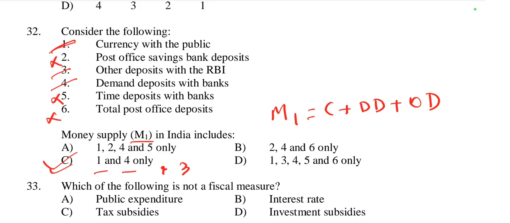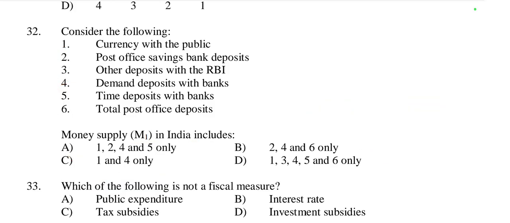The other options are broader concepts, meaning M2, M3, M4. Only option C can be included in M1, so we take option C as right here.